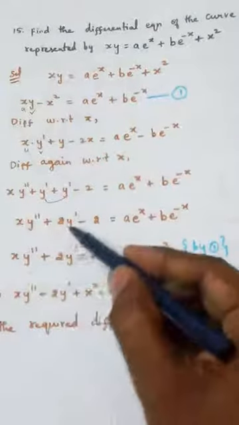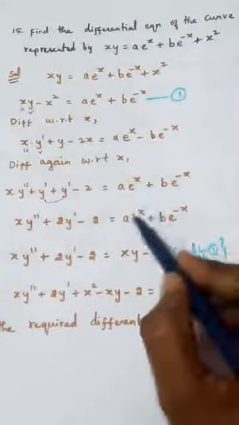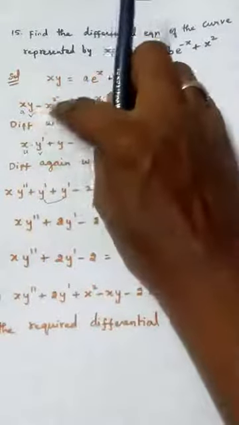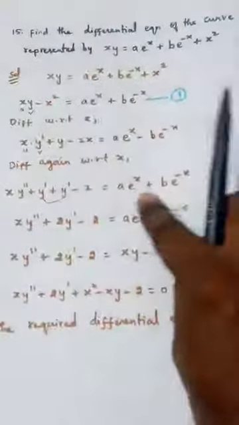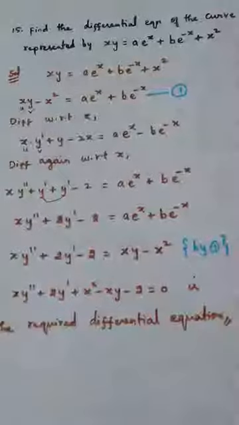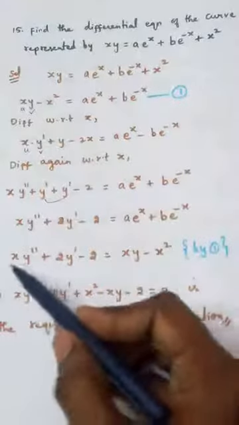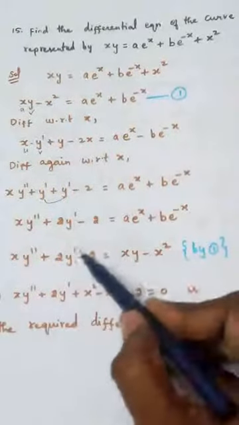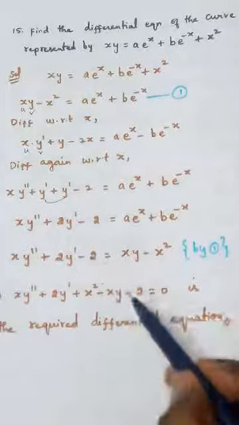So xy double dash plus 2y dash minus 2 is equal to, if you see, this is present here, a e power x plus b e power minus x. What is the answer for that? Using first equation, we can write this as xy minus x square. So combining everything and writing on a single side, we are writing xy double dash plus 2y dash, bringing this x square to the other side plus x square, bringing xy to the other side minus xy minus 2 equal to 0.